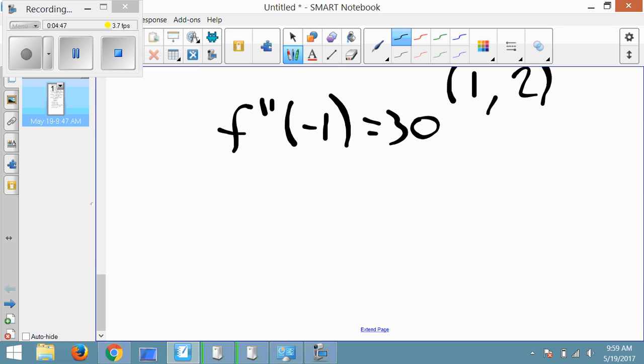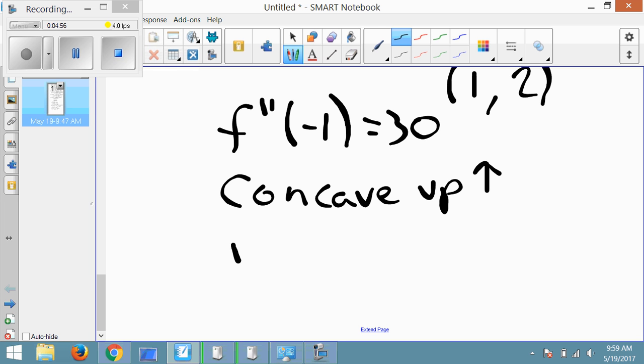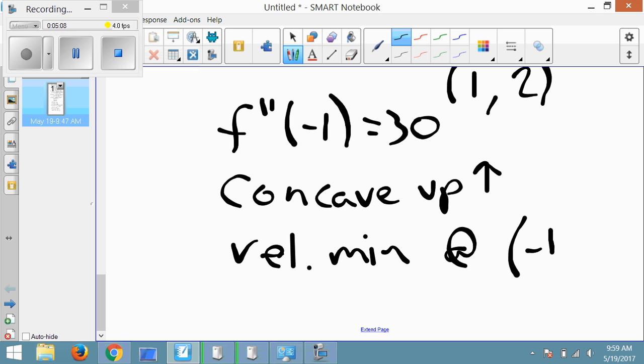So that is going to lead to a concave up with a relative min at negative 1, and once again we plug in the value into the original equation, which we get negative 2. Alright, so there we go.